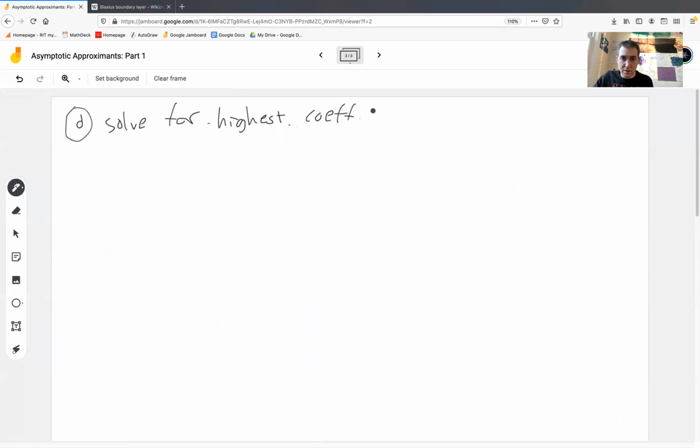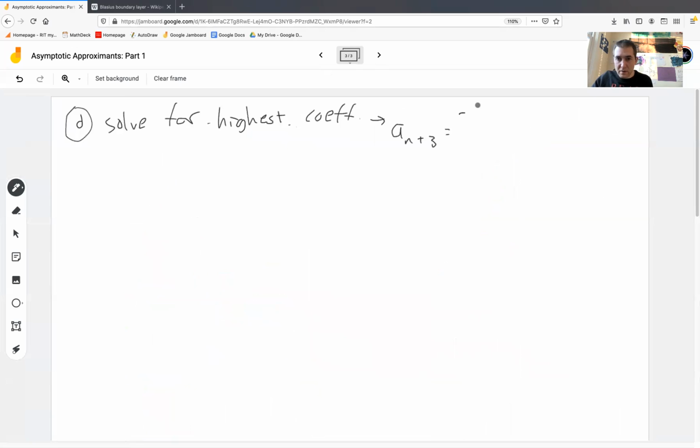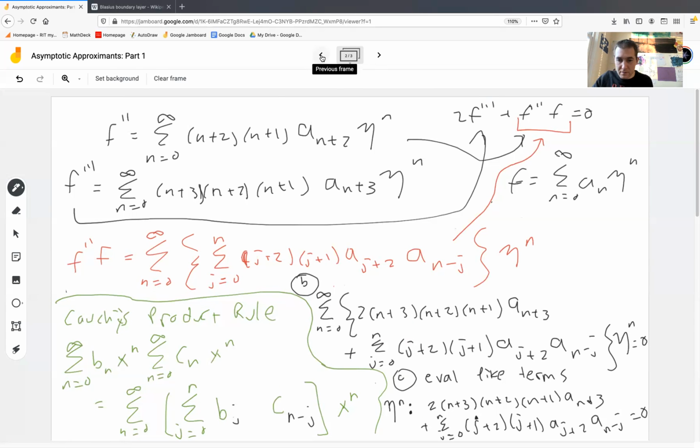So a sub n plus 3. Okay, and then the numerator is going to be negative, sum with j going from 0 to n. It's a negative sign, make sure that's clear. j plus 2, j plus 1.